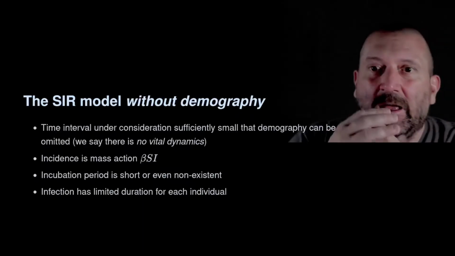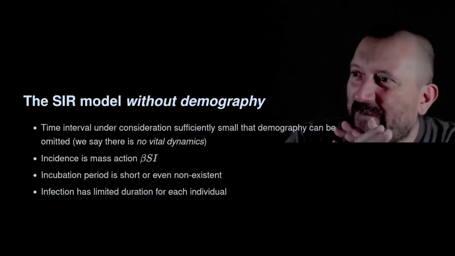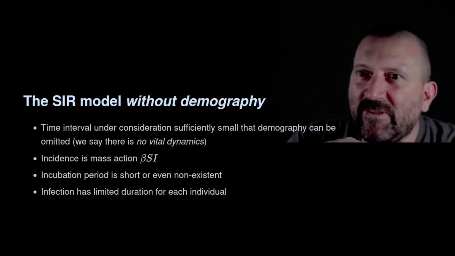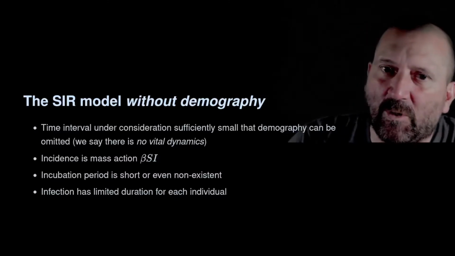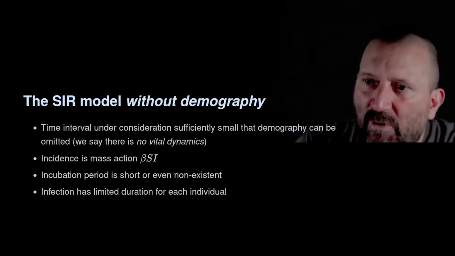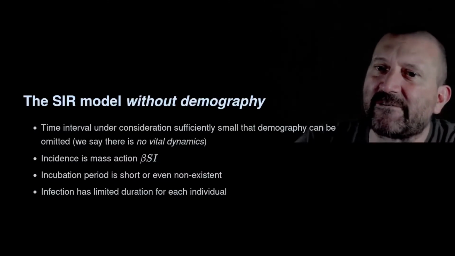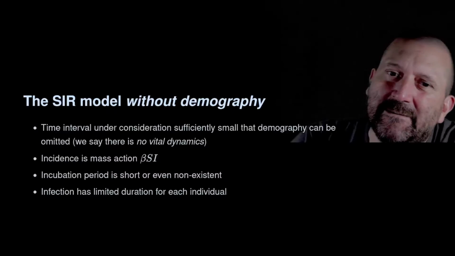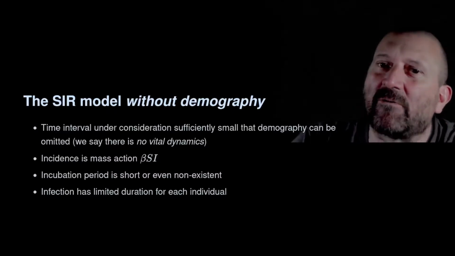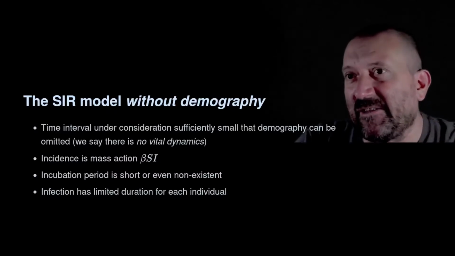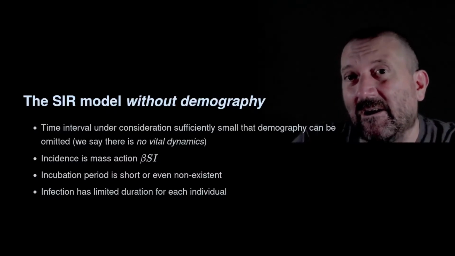Okay. Now, there's no demography in this model. And the reason why we don't consider demography is that we suppose that the time interval over which we work is sufficiently small. So we say also there's no demography or there's no vital dynamics. This is, of course, an assumption.